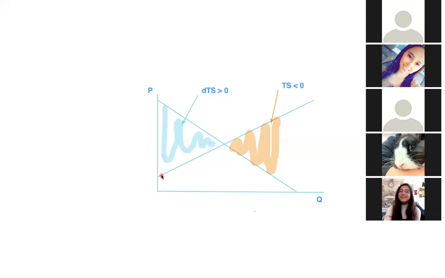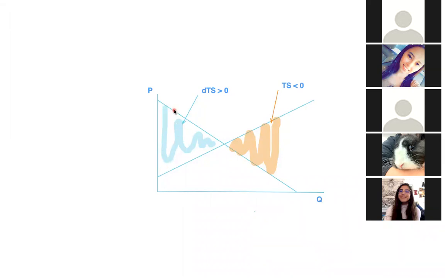Over here, if I produce one unit, I'm going to get a benefit that's measured by the height of the demand curve, and a cost that's measured by the height of the supply curve, and the difference between them is going to be a positive number of dollars. So this unit brings an additional, say, $200 worth of surplus.